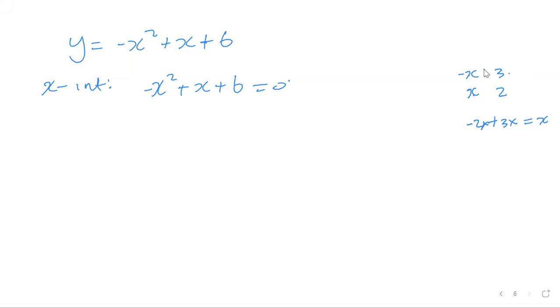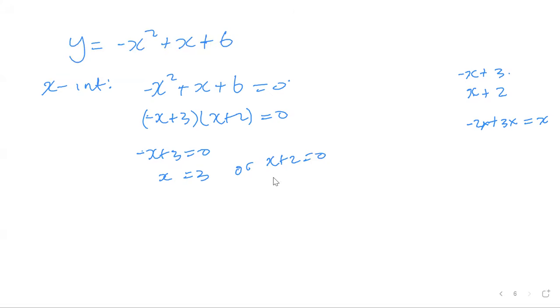So that tells me these are my factors. So my factors will be minus x plus 3 times x plus 2 equals 0. So minus x plus 3 is 0 and x is 3, or x plus 2 is 0 and x is minus 2.